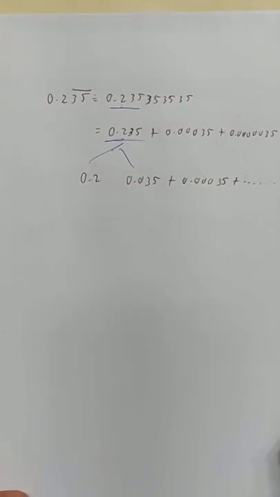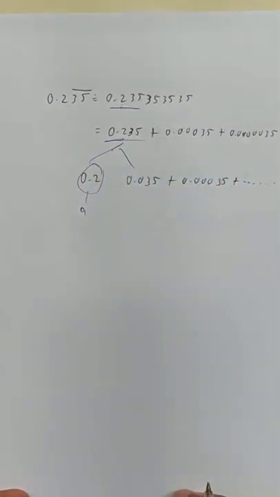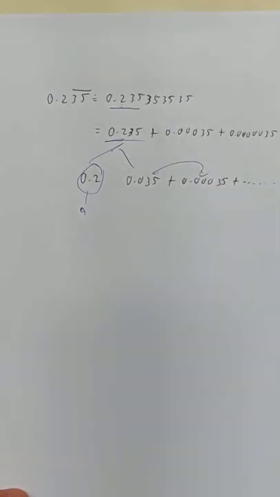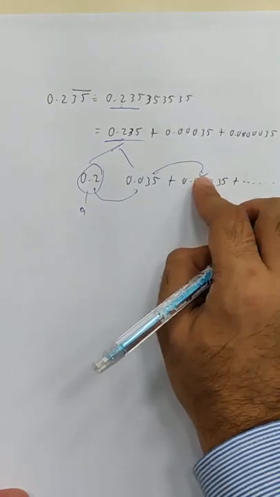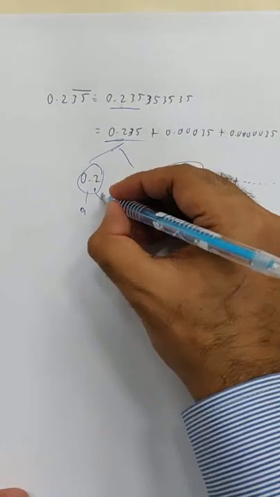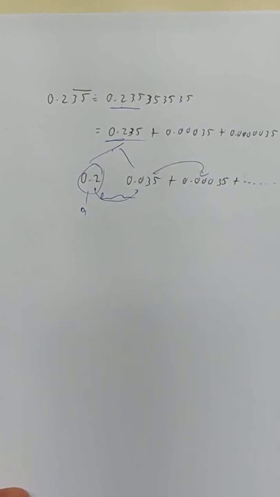So what's your A this time? Let's say 0.2 is our A. Now how does 0.2 become 0.035? There's no connection between those two, but we can find the connection of this becoming this and that becoming that. So this part makes more sense as the GP, and 0.2 is a different entity.